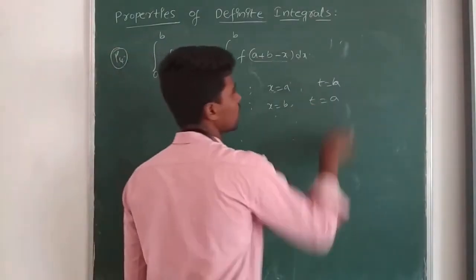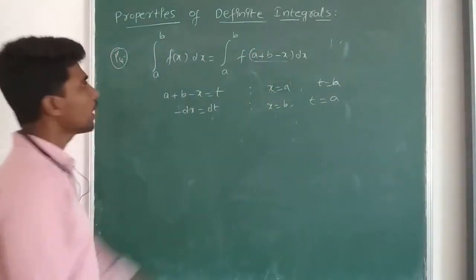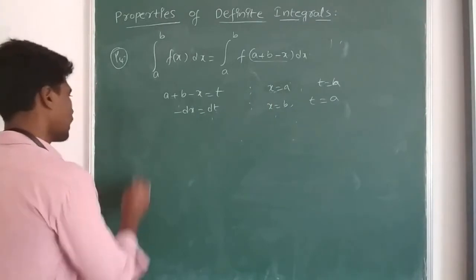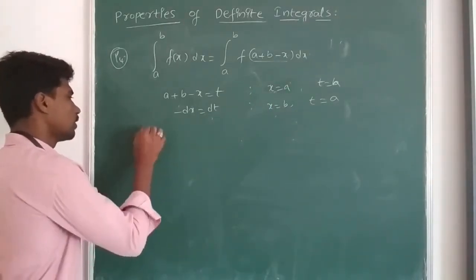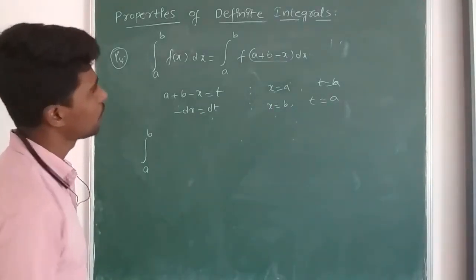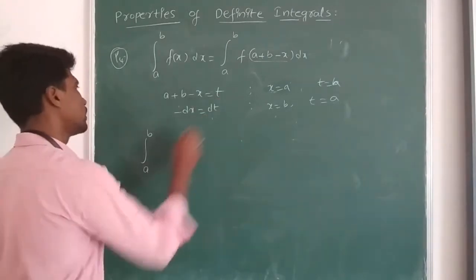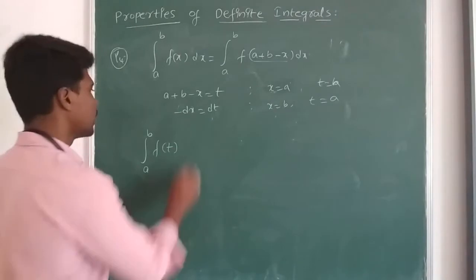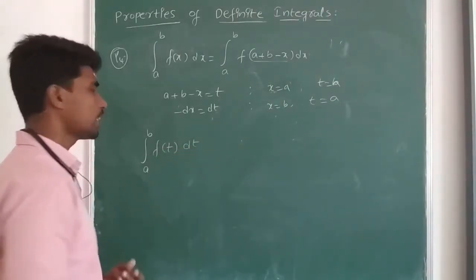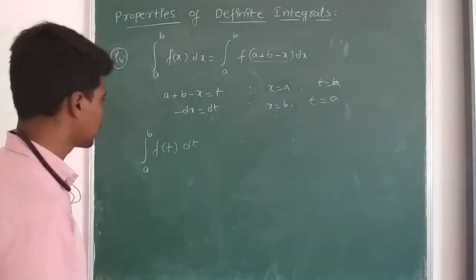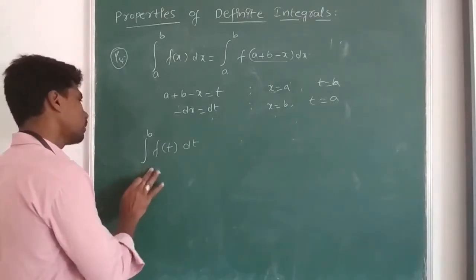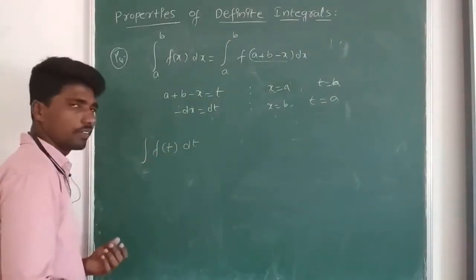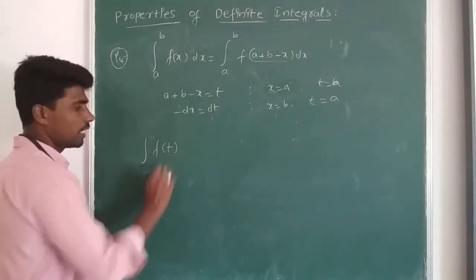Now I have taken the RHS, which can be rewritten as integral a to b f of a plus b minus x, which I consider as t, so I get f of t dt. And I have taken a wrong assumption. While considering the limits, I'm converting everything in the form of t.